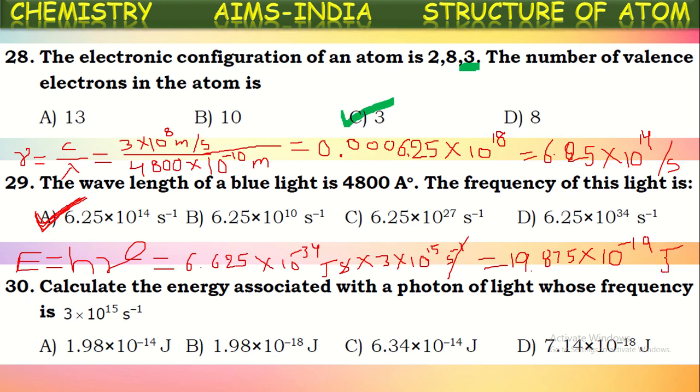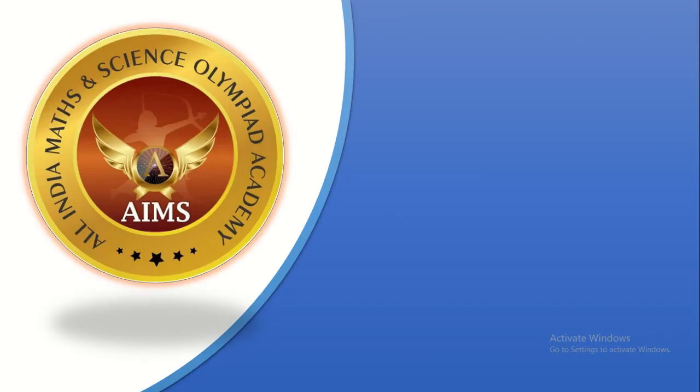Finally the units are joules, so 19.875 into 10 to the power of minus 19 joules. If it is adjusted to decimal here, then it is equal to 1.98 into 10 to the power of minus 18 joules. This is the correct answer. Okay, in this way we do calculations by substituting the values. Okay, this is about practice sheet 1.